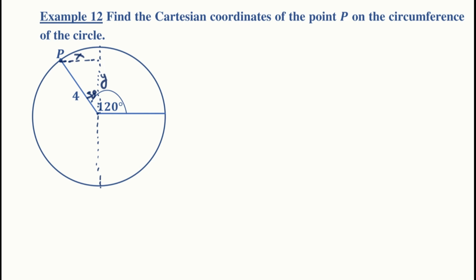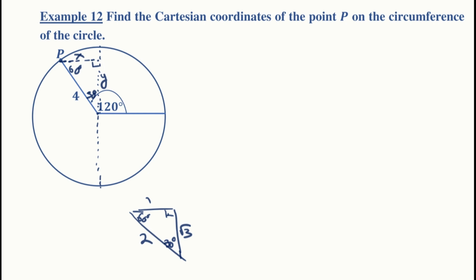Now I do know that this angle here is going to be 60, right, because this is 90 and this is 30. So if I look at my reference 30, 60, 90 triangle, right, I know that opposite the 30 I would have 1, opposite the 60 I would have square root of 3, opposite the 90 I would have 2, right?